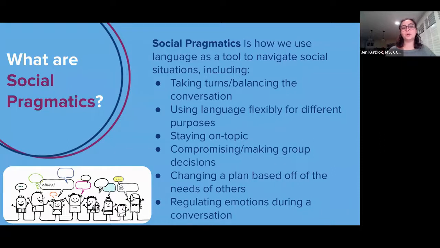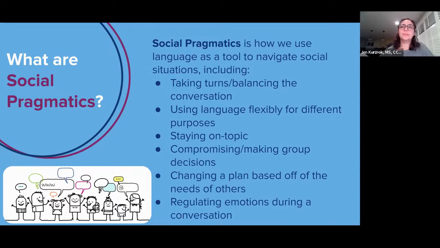So that can be concrete skills like taking turns in a conversation or balancing how much airtime you have in the conversation, staying on topic, both knowing what that topic is and when you veered off topic, using your language flexibly for different purposes. And that can be really concrete, like multiple meaning words, or it can get all the way up with older grades into figurative language and being able to think flexibly about language, making group decisions and the skills of compromising, which is hard for a lot of our students, changing a plan based off of the needs you hear from other people, and regulating your emotions during a conversation.